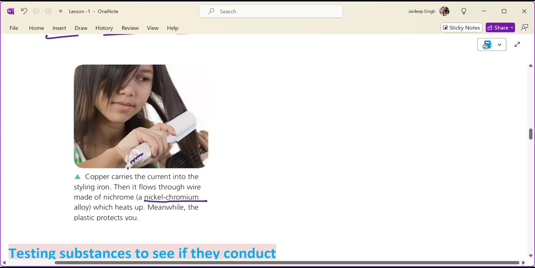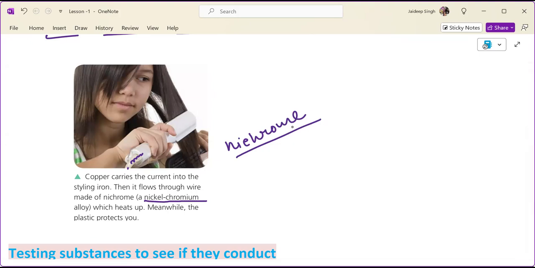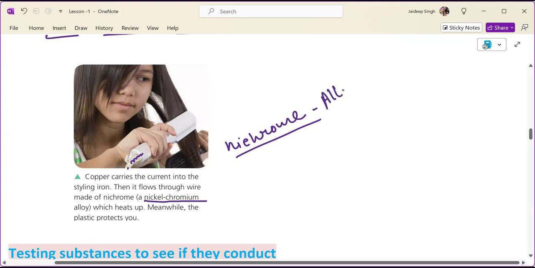Nichrome is a nickel-chromium alloy. We do the flame test with the help of a nichrome wire.